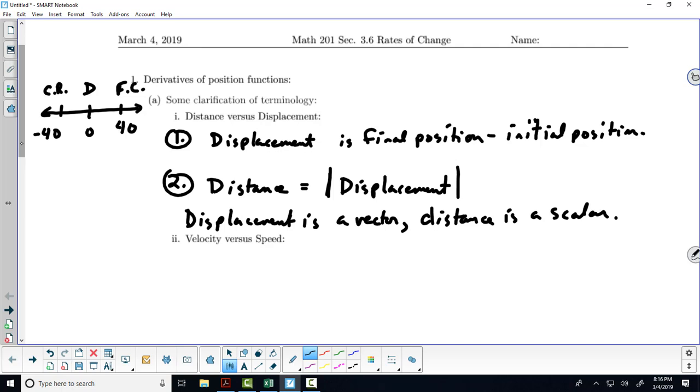The net displacement would be how far I am from where I started, but my net distance would be as if I had a pedometer or a watch that was marking how far I traveled. So you see those are two different questions, and they do provide two different bits of information. So we do want to start distinguishing between those two. Like I said, I'm not going to try to trick you on these, but it will be important that you realize the difference between the two.